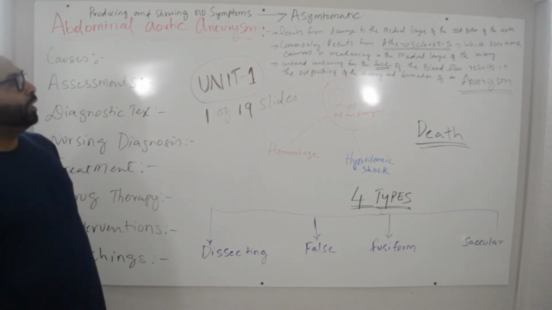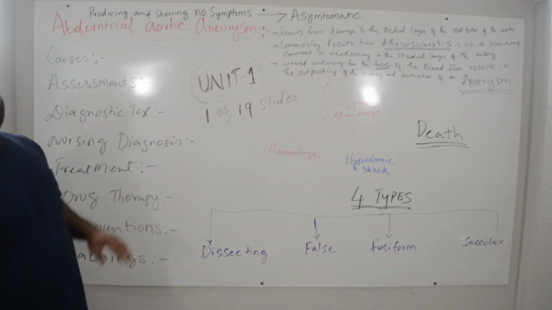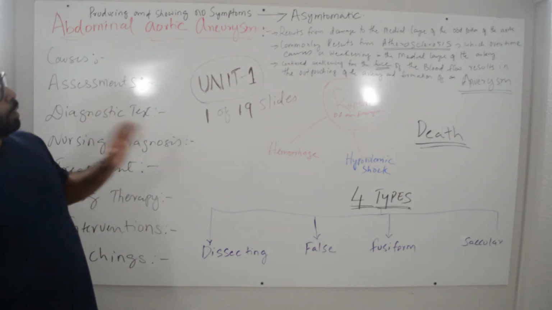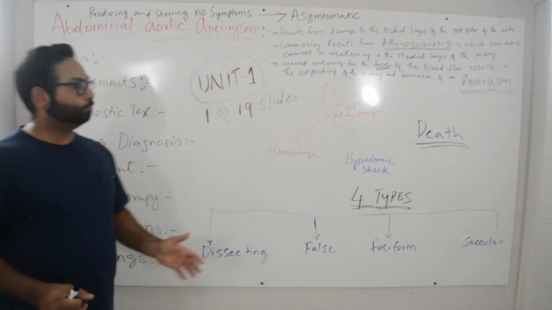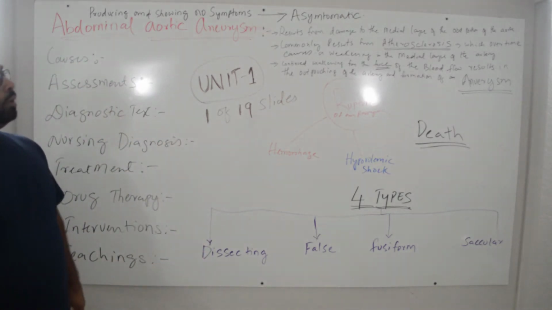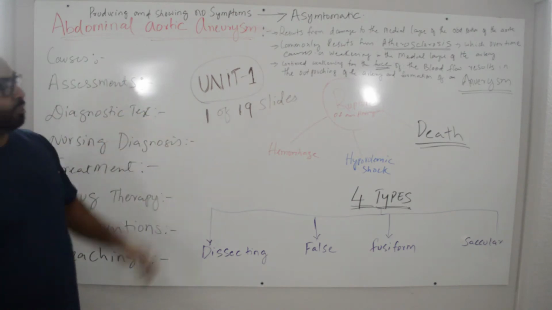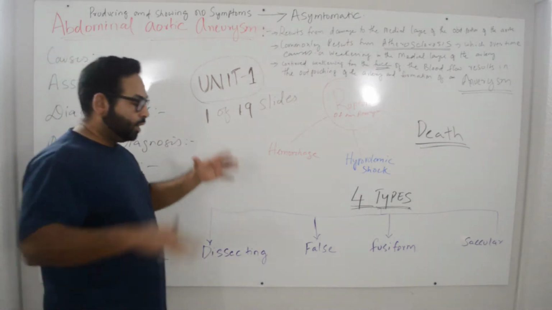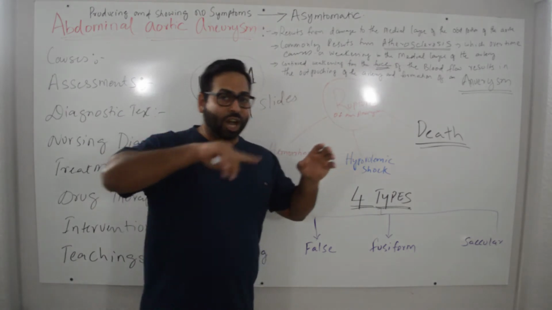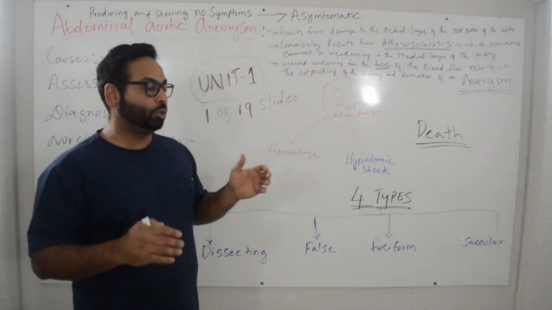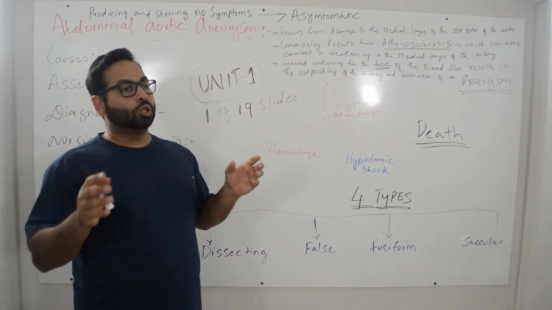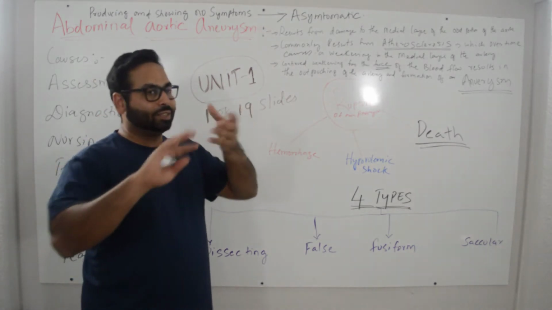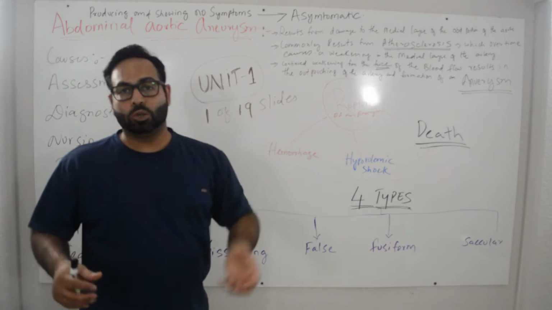And continued weakening from the force of the blood flow results in the outpouching of the artery and formation of an aneurysm. Okay? So when an aneurysm is formed, basically, if you see a tire, most of you might be driving. I know most of you might have cars. You might see a bubble in your car. It's just like that. You might see a bubble on the aorta.